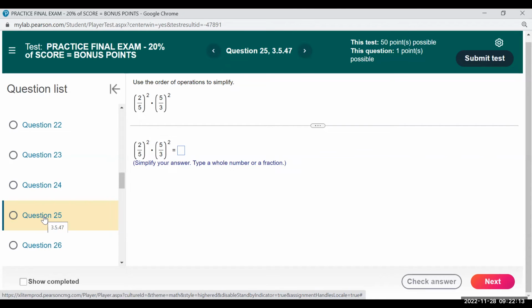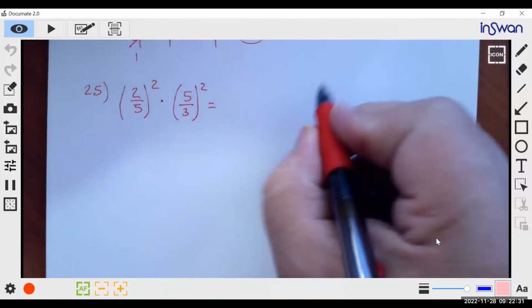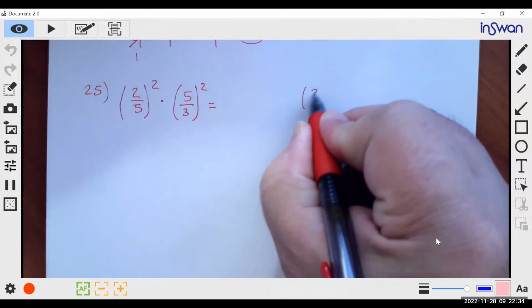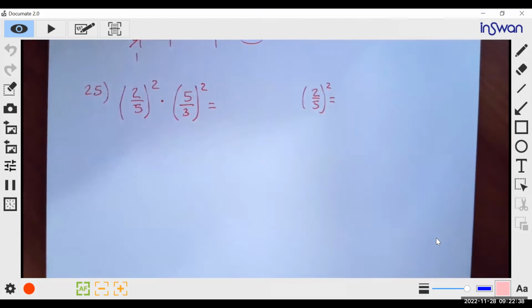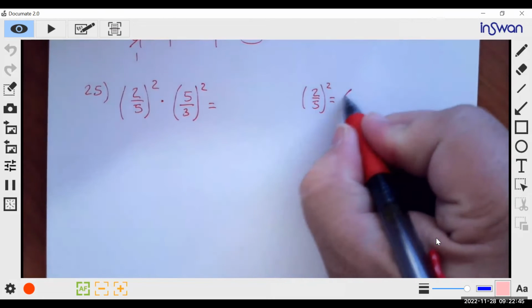Two over 5 squared times 5 over 3 squared. Two over 5 squared becomes what? 4 over 25.